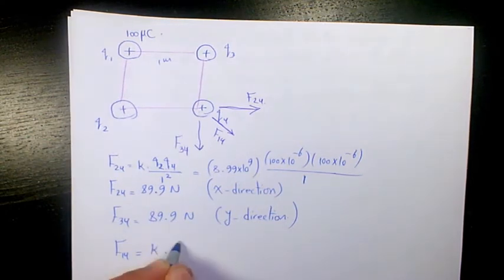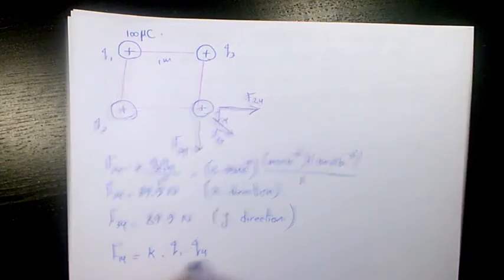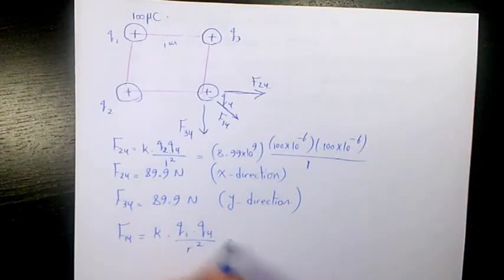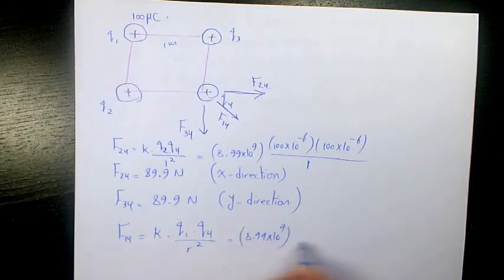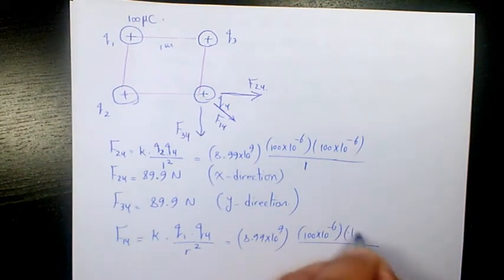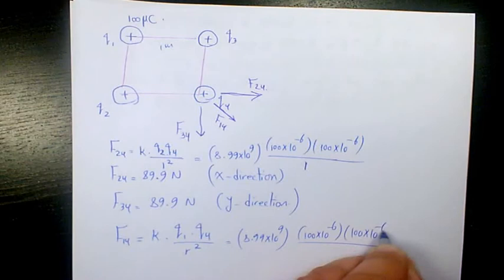And then we have F14 equals K times Q1 times Q4 divided by R squared. So it's going to be 8.99 times 10 to the power of 9, Q1 is 100 times 10 to the power of negative 6, Q4 is 100 times 10 to the power of negative 6.